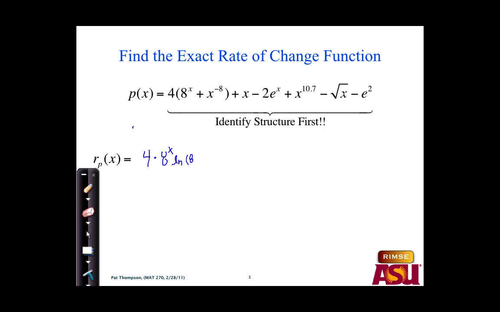I'm going to put parentheses in there so that I can see that that's a log expression. And if you distributed, you'd also write plus 4 times the derivative of x to the negative 8, or you could just put parentheses around the derivatives of those first two terms. Either way.